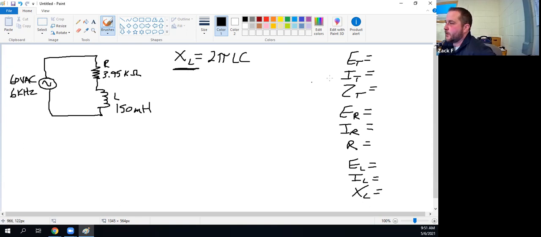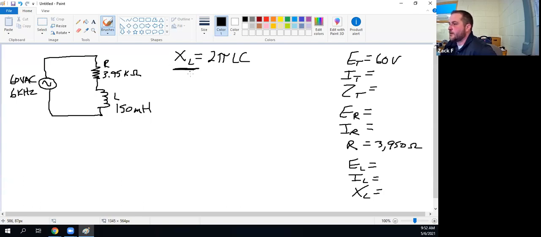Okay, so anything we can put on here right away? R, yep. 3,950 ohms. Anything else? E total, 50 volts. And that's about it. So this is a series RL circuit.